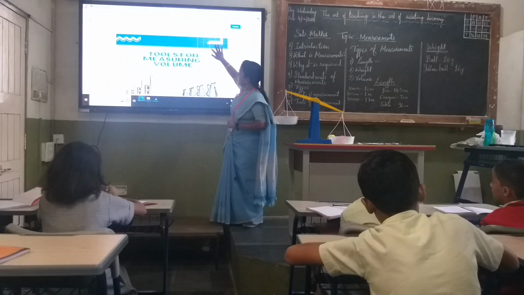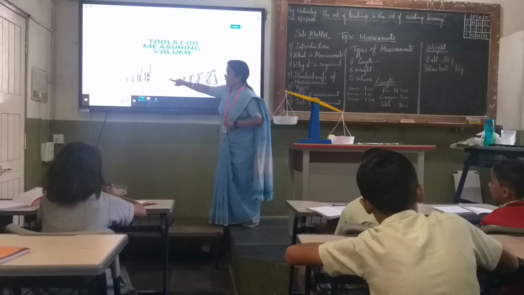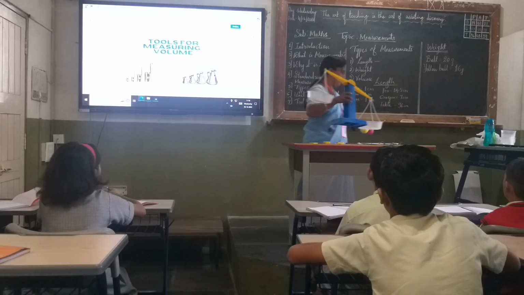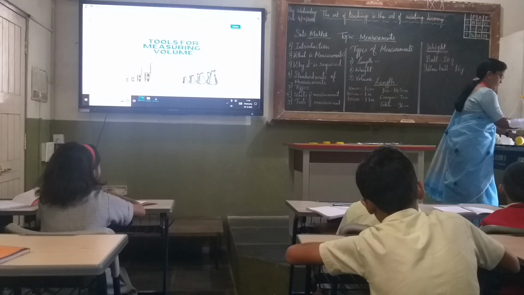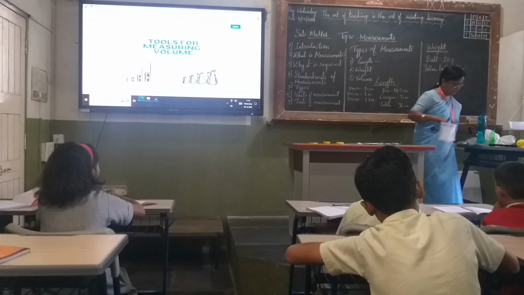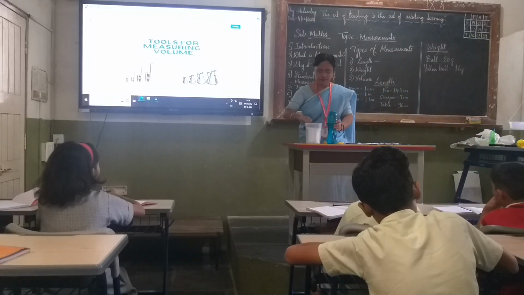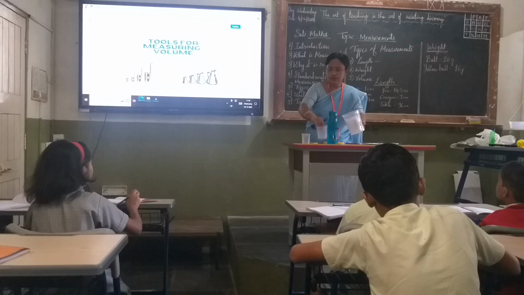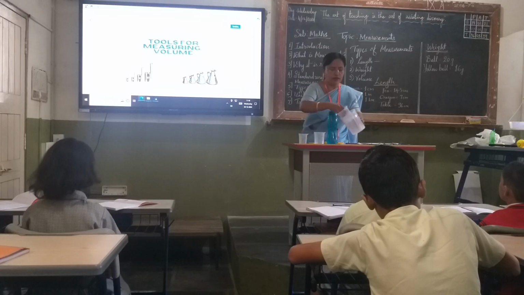The tools for measuring volume are beakers. Now I'll show you the beakers here. Using these beakers, we can measure the volume of liquid.